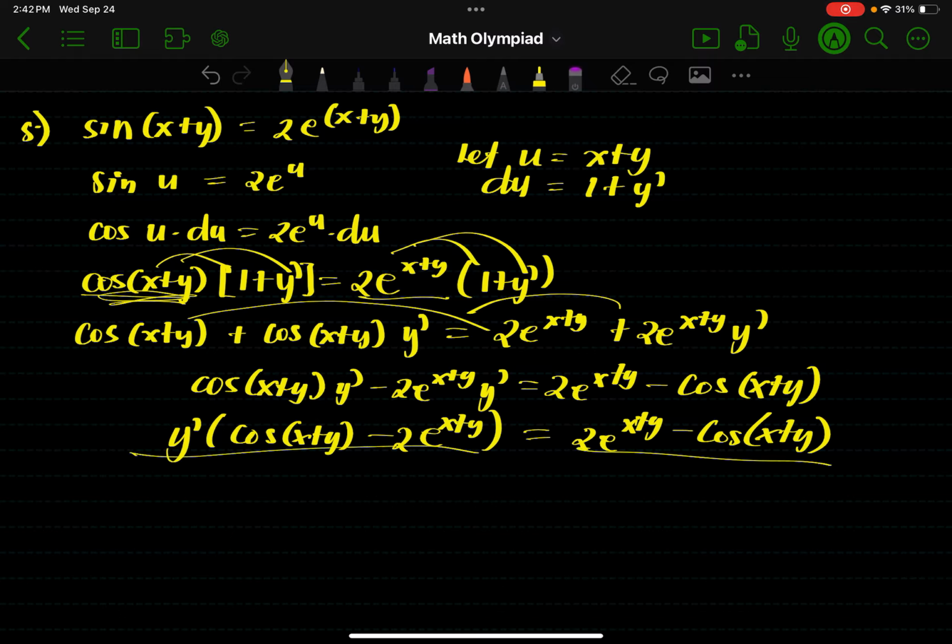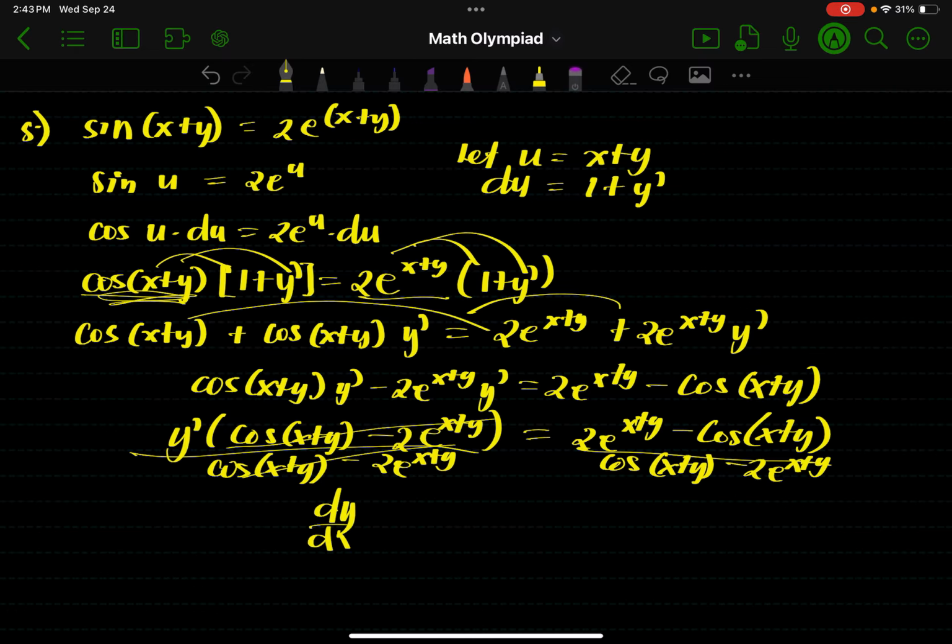Then divide both sides by cosine of x plus y minus 2e raised to x plus y. And then cancel. So y prime, so the dy over dx is 2e raised to x plus y minus cosine of x plus y all over cosine of x plus y minus 2e raised to x plus y.